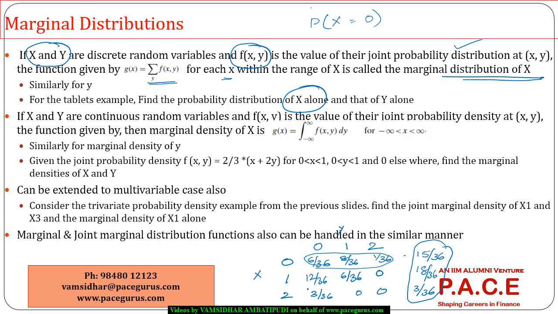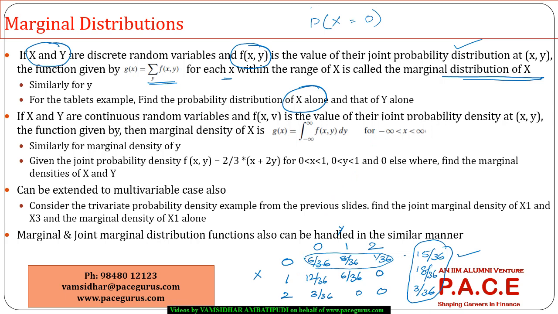Similarly, for probability of x equal to 1, I am adding all the y's for x equal to 1. Similarly, I am adding all the y's for x equal to 2. So this is the probability distribution of x alone, which is what we call the marginal distribution of x.